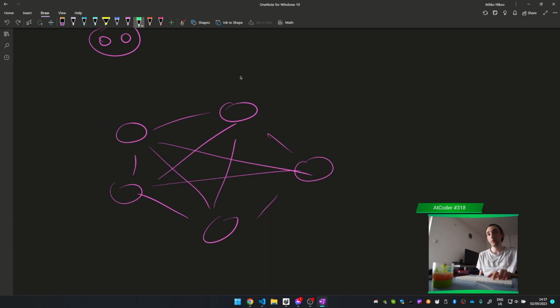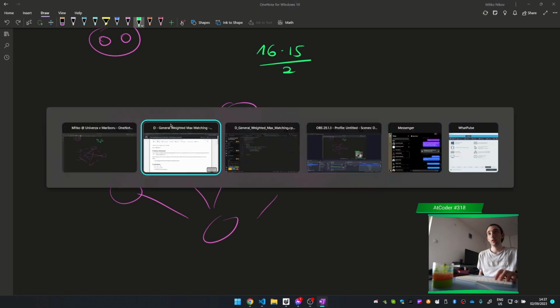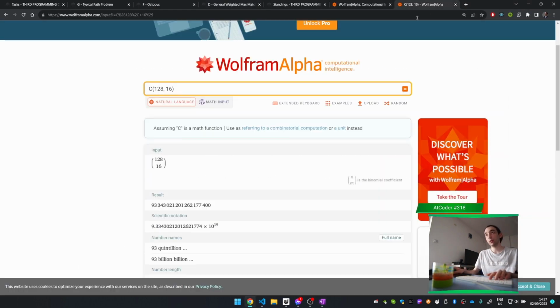You can't brute force over the edges because there are 16 times 15 over 2 edges. But most of these are not touchable. Is it like this? So 16 choose 2, and then from all of these edges you don't choose 16, you choose 8.